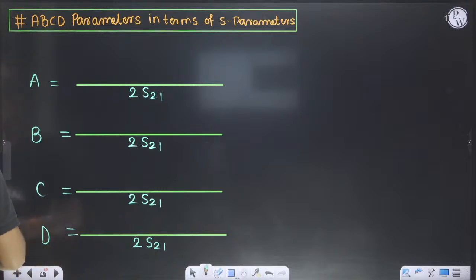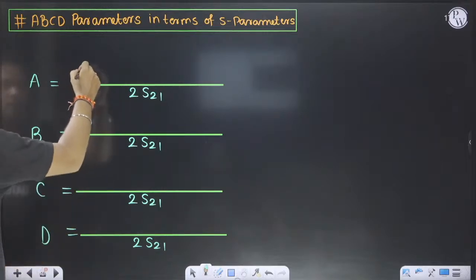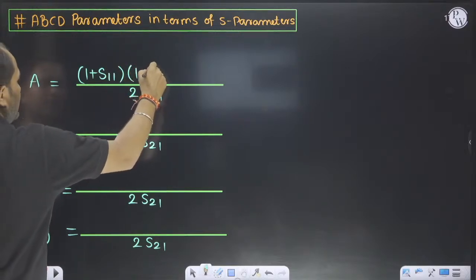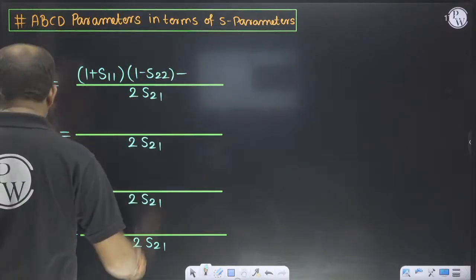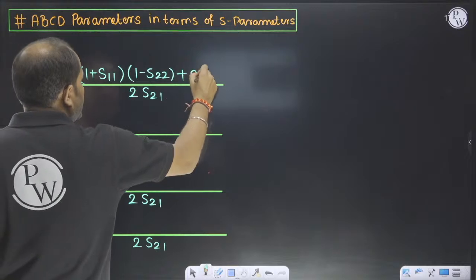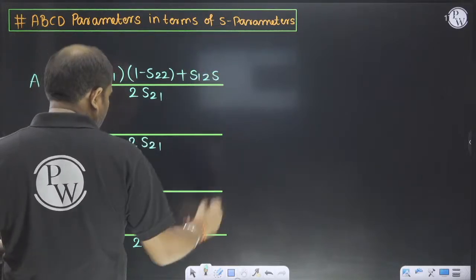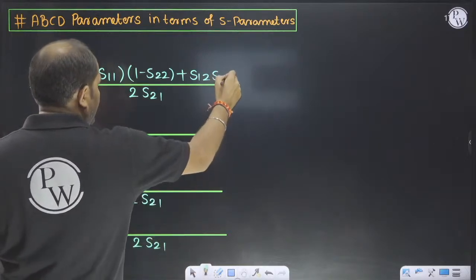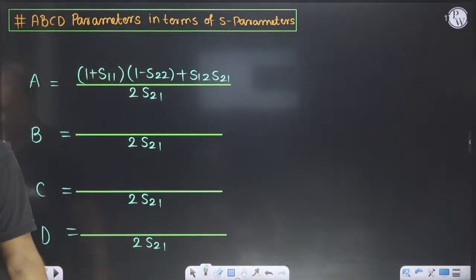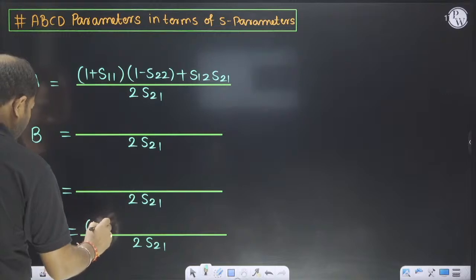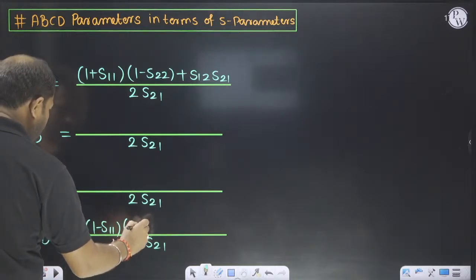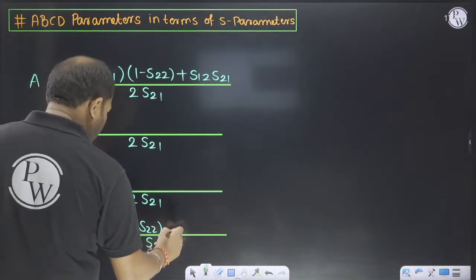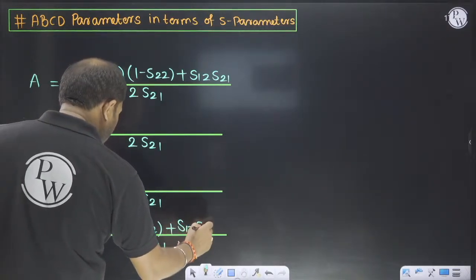Then after, we have 1 plus s11, 1 plus s11, 1 minus s22 and plus s12 s21, s12 s21. And for D, 1 minus s11, 1 plus s22 and s12 s21, s12 s21.